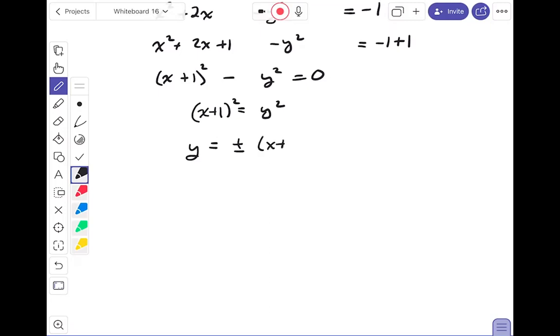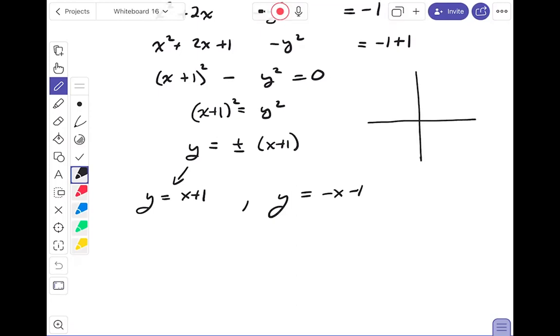All right, so I've got 2 lines to graph now. One line is y equals x plus 1, and the other one is y equals minus x minus 1. Let's graph it out because it did ask me to do that. And what would you get over there? x plus 1 is a line with slope of 1 that has a y-intercept of 1.